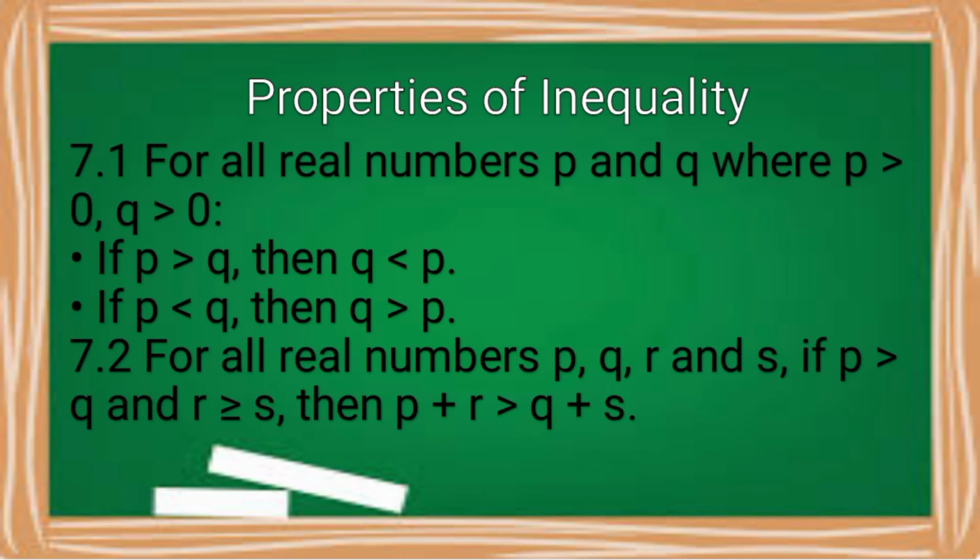So, properties of inequalities. For all real numbers P and Q, where P is greater than 0 and Q is greater than 0. So, this is the property of inequality.